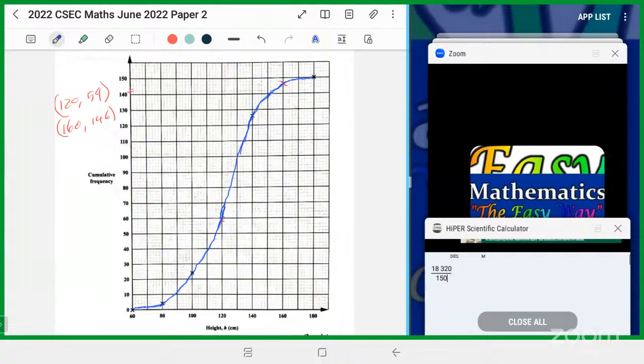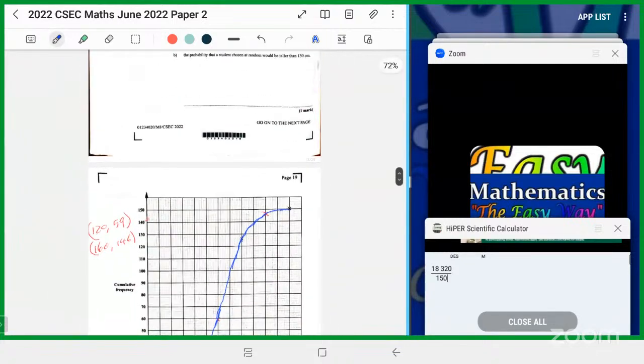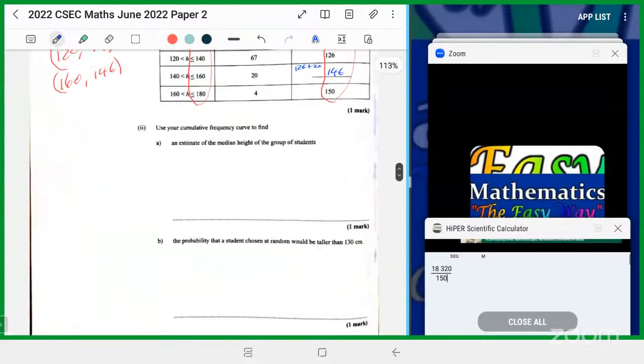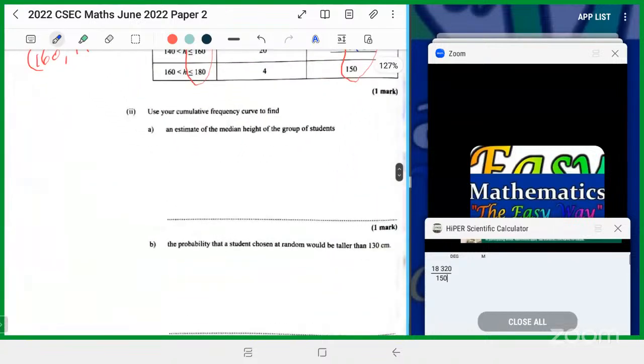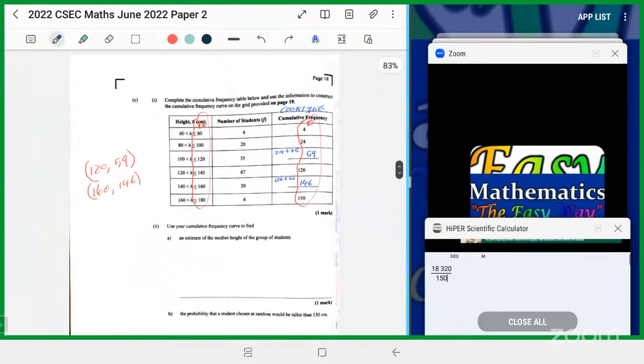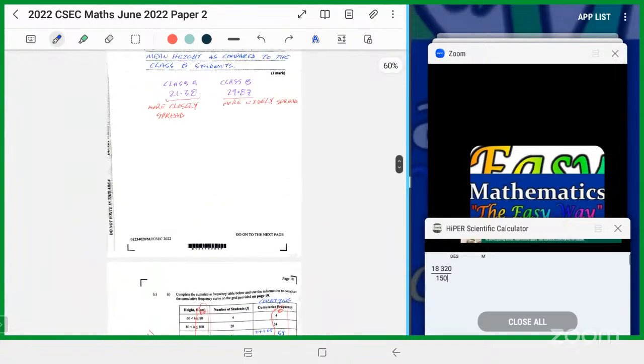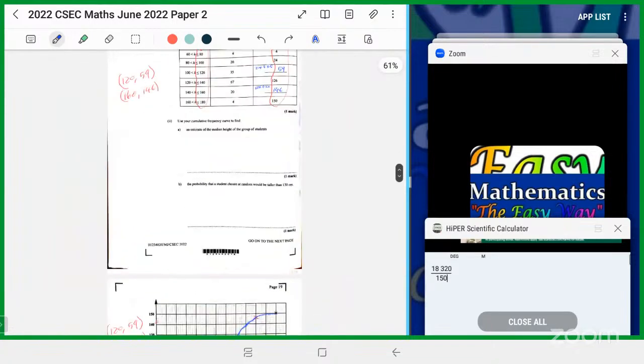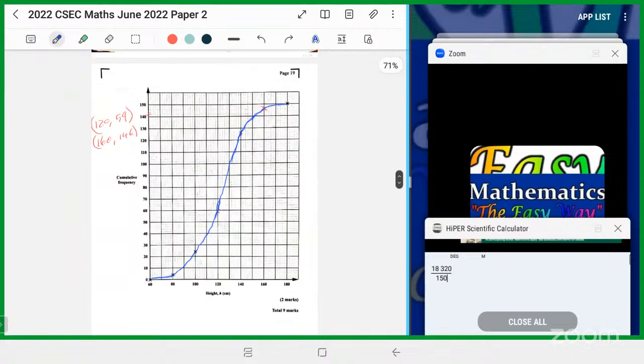And I want us to read something from it now. That's a curve, that's an ogive. It says find an estimate of the median height. How many students are there again? 150 students. So the median height is the height of the student in the middle. Remember, these are the heights that they measured less than or equal to.